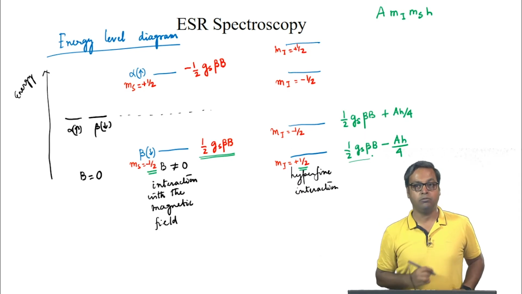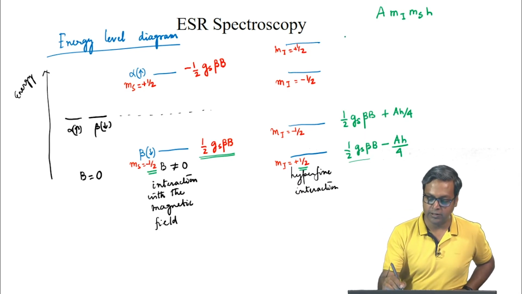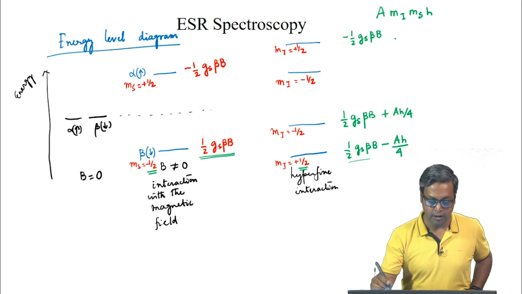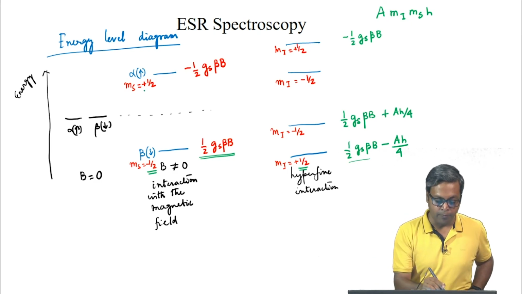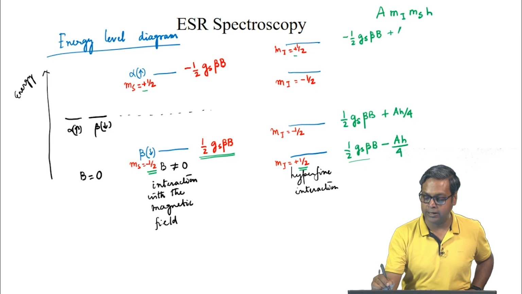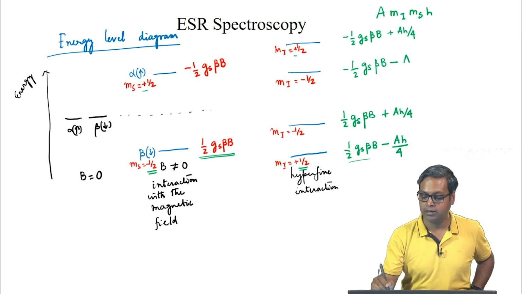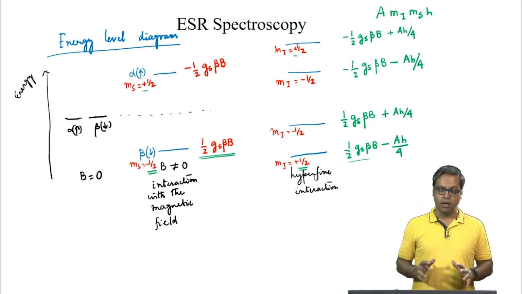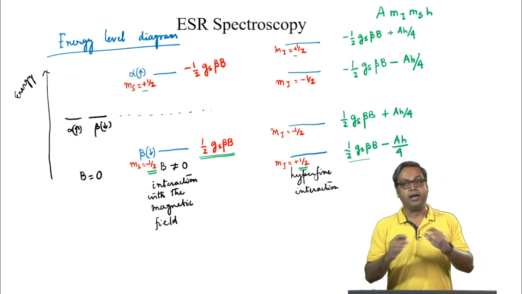And for the other two levels we can write minus half g s beta B. So, this is the highest level. Then we are multiplying plus with plus, so we have plus A h by 4, and similarly the other level has minus half g s beta B minus A h by 4. So, this is our energy level diagram.